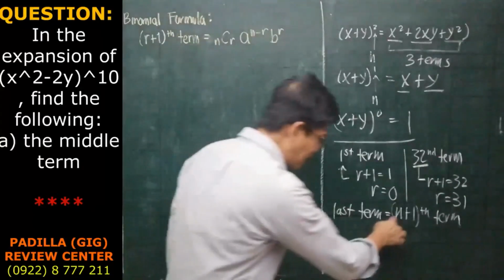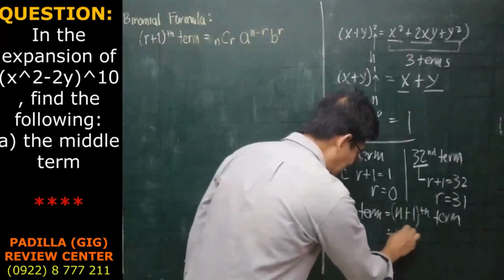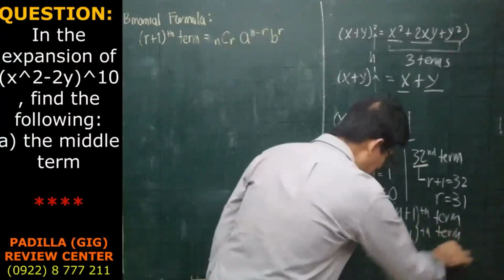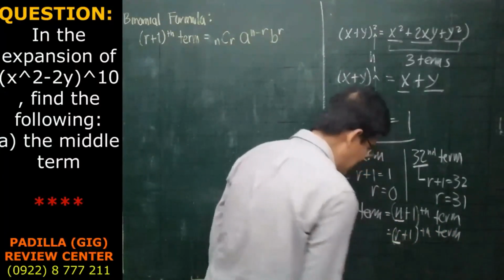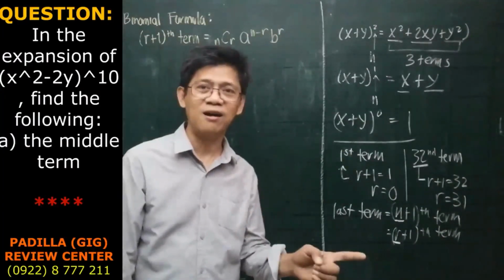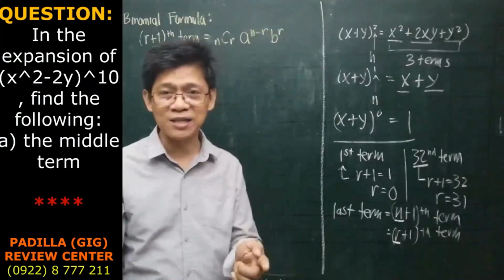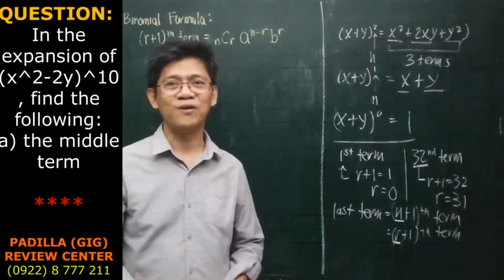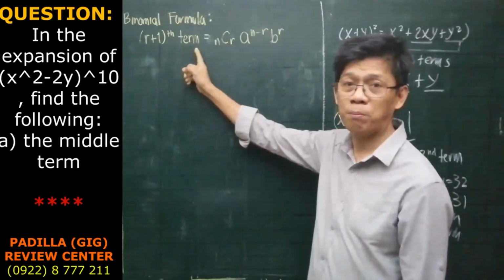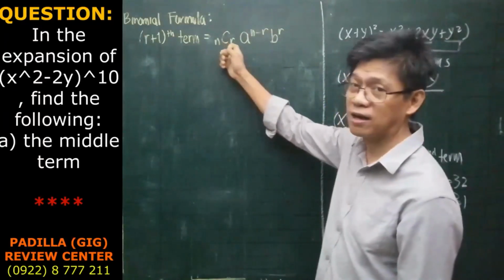If the last term is the n plus 1 term and that is the r plus 1 term, by simple correspondence, n is r. So for the last term, n is r. For the first term, r is 0. You follow? Okay.